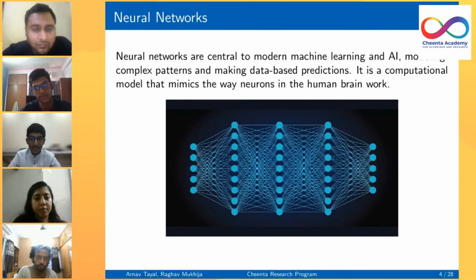Integrated with AI and ML, this creates a deep learning model that can easily identify complex patterns and make data-based predictions. It mimics the neurons in the human brain.